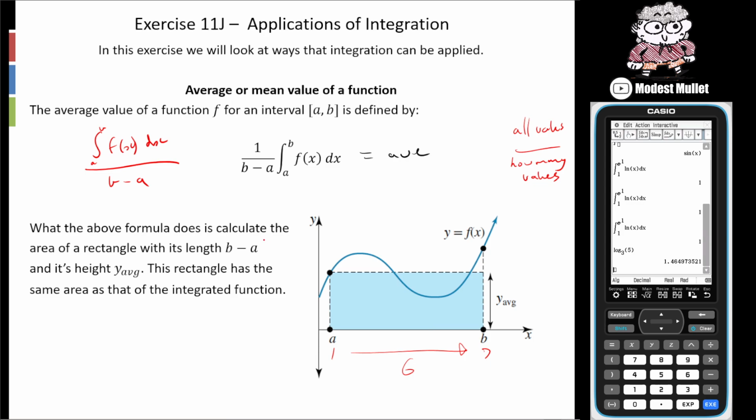But yeah, that's the formula. You can also think of it as finding the height of the rectangle that would have the same area if the area was just flattened out: we take the area up here and bring it into here.